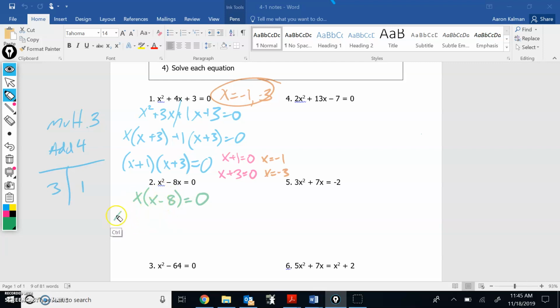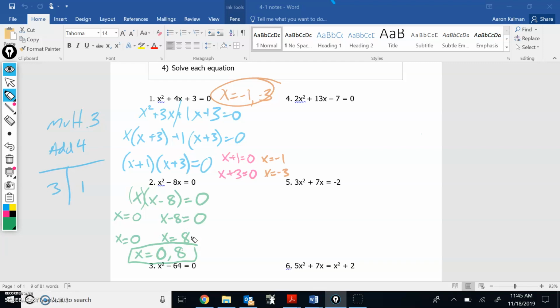Now we set this first factor, which is just x, equal to 0. And then we set the other factor, which is x minus 8, also equal to 0. Solving, this is just x equals 0. And then solving the other one, we get x to be positive 8. And you write your answer 0, comma, 8.